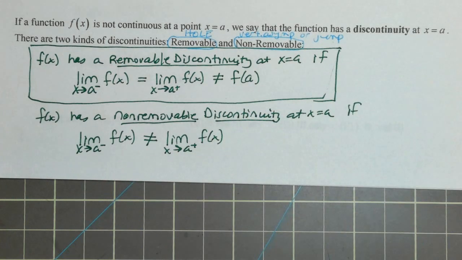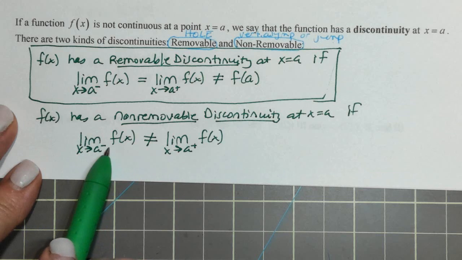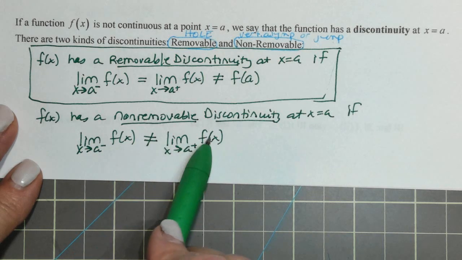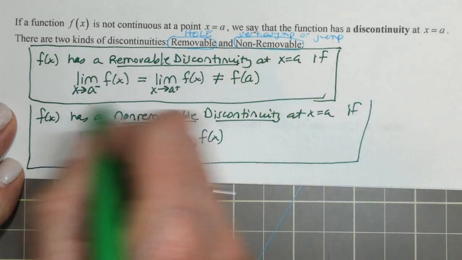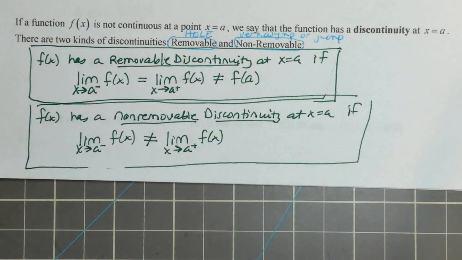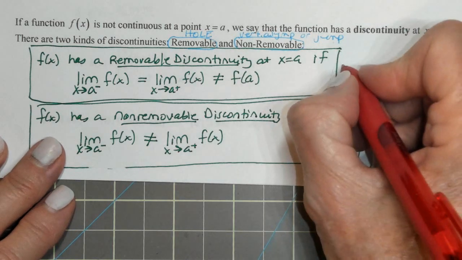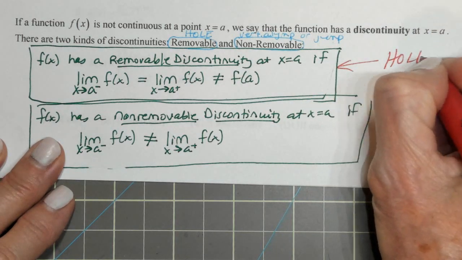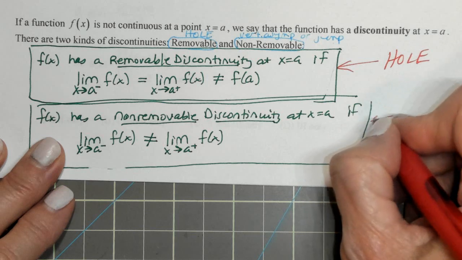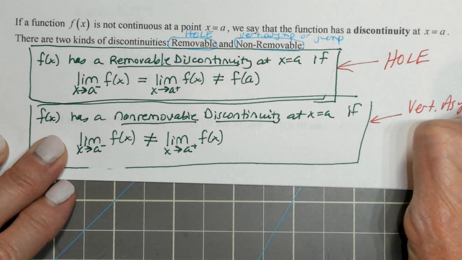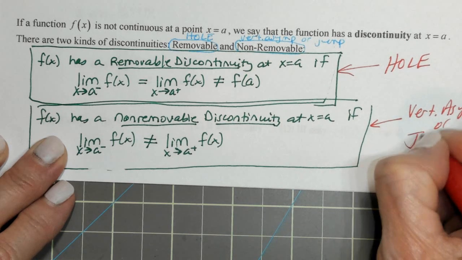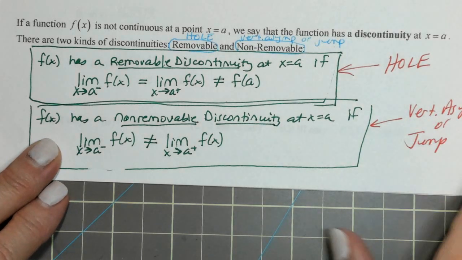And remember, infinity does not count. Infinity is not a number. So if a limit does not exist, it can never equal another thing. Okay, so again, think hole for removable. For non-removable, think vertical asymptote or jump. Alrighty?